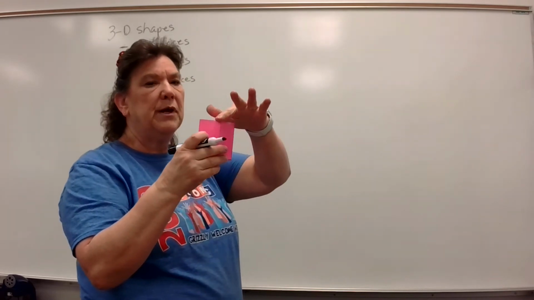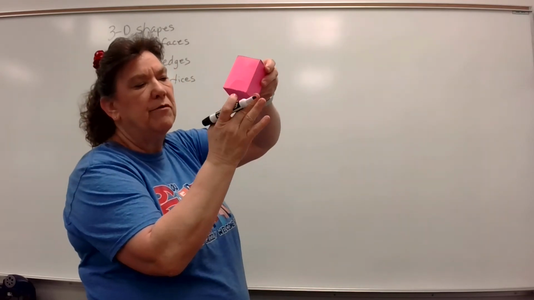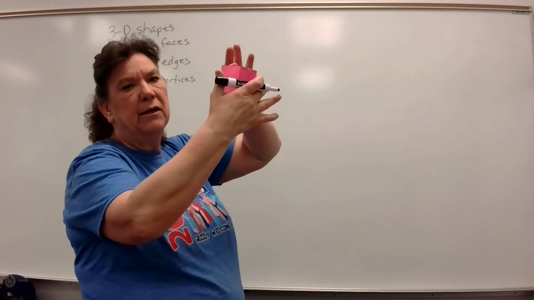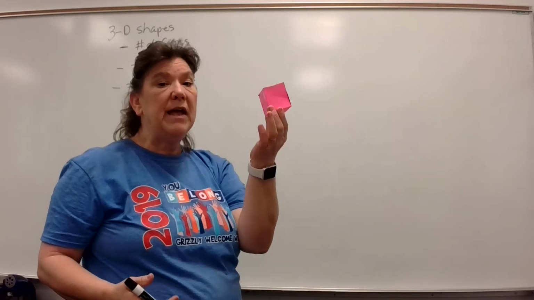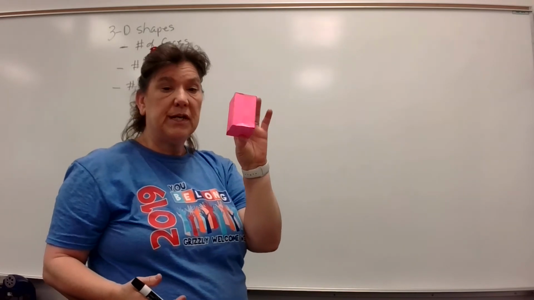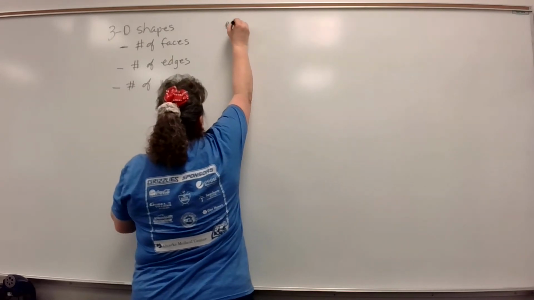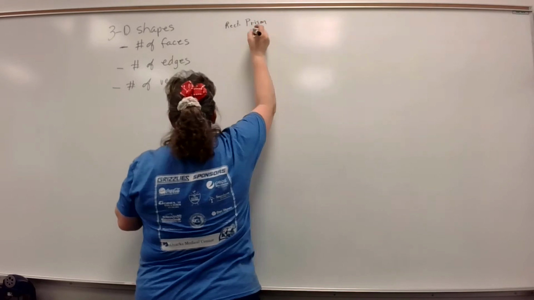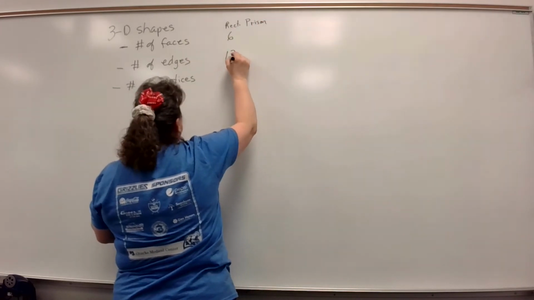So on the top we have 1, 2, 3, 4 of them. On the bottom you have 4 more, making 8. And then going around the side, you have 4 more, making a total of 12 edges on this particular prism. This is a rectangular prism. So we'll just put this up here for what we've written down. Faces, we have 6. Edges, we have 12.